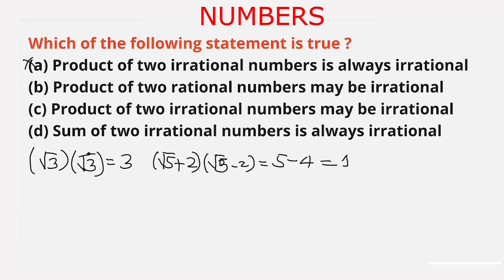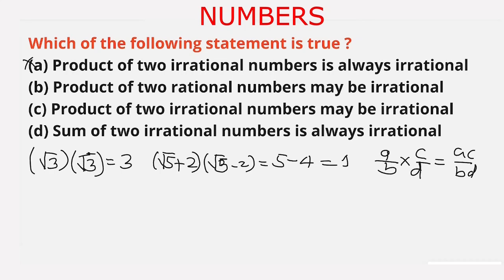Product of two rational numbers may be irrational. This is also not correct, as A upon B multiplied by C upon D is AC upon BD. A upon B is rational, C upon D is rational, and their product AC upon BD is also rational.